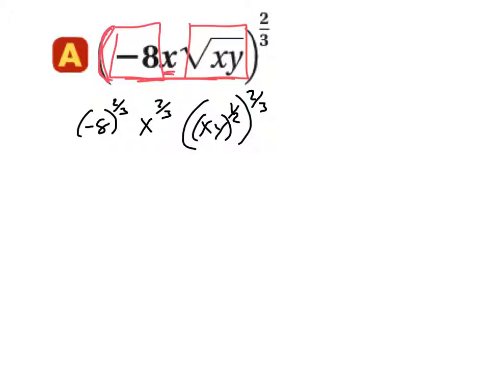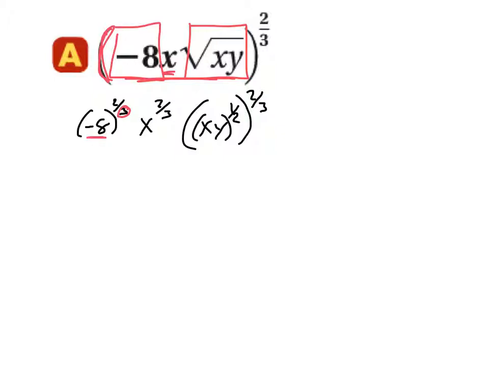Okay, so now we have this. We need to evaluate -8 to the 2/3 power. Please remember, the denominator is the root, right? The denominator of the fraction is the root. So I have the cubic root of -8.